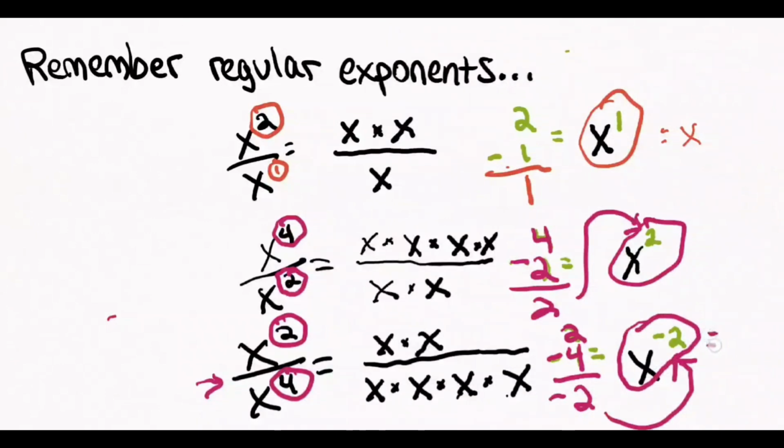And that's when we were writing it 1 over x to the 2. It's the exact same thing. But when you're doing scientific notation, you want to keep it like this. You don't want to have it in fraction form. You want to keep it out of the fractions. So when you're doing scientific notation, you want to go for x to the negative 2, or 10 to the negative 2, not 1 over something.